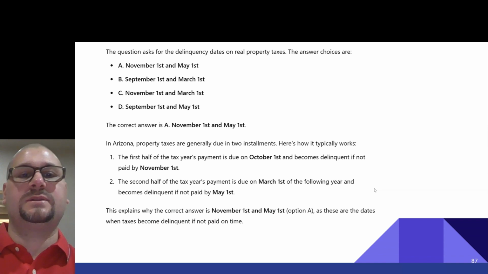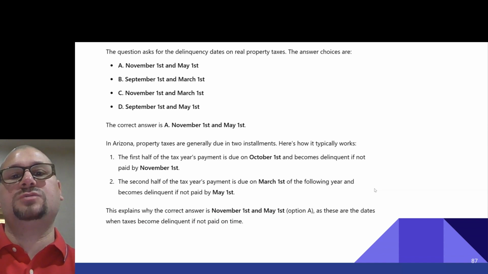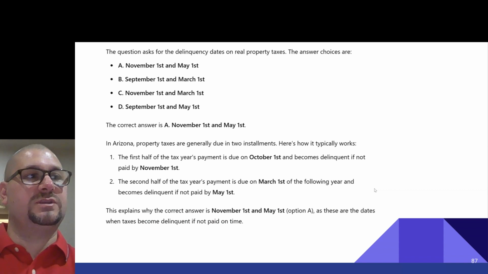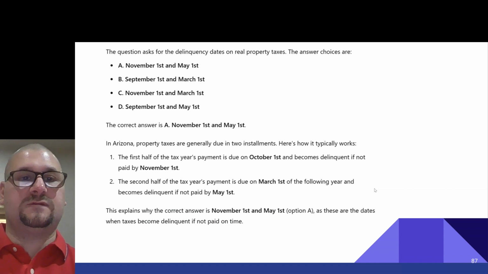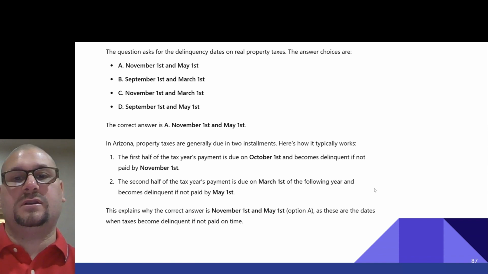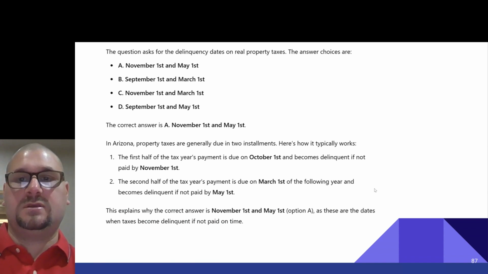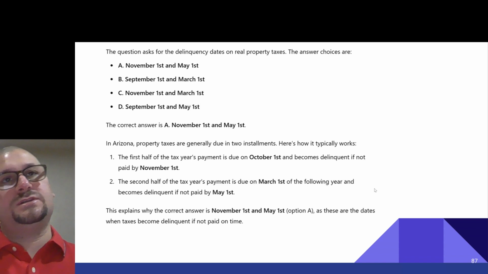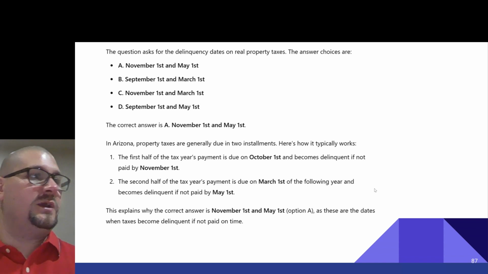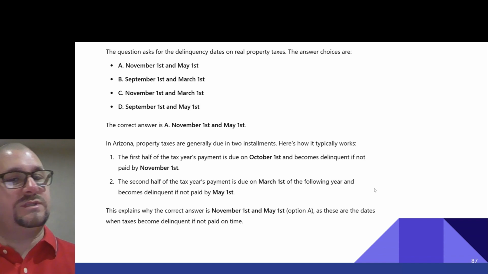In Arizona, property taxes are generally due in 2 installments. Here's how it typically works. The first half of the tax year's payment is due on October 1st and becomes delinquent if not paid by November 1st. So when is it due? October. If you don't pay it by November 1st, when is it delinquent?